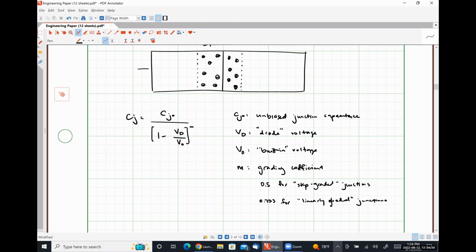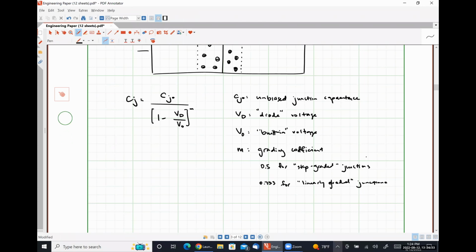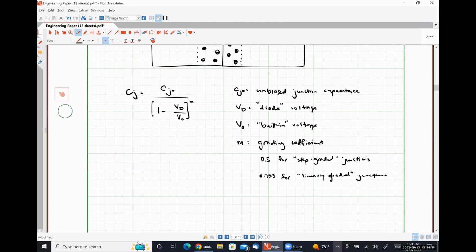Let's see, how much more math do we want to throw here? Let's just throw some other stuff in that's purely review, just because we may need it. The unbiased junction capacitance, Cj naught, is epsilon A times the quantity Q over 2 epsilon times V naught times NA ND over NA plus ND, all of this to the 1/2 power, where epsilon is the permittivity.